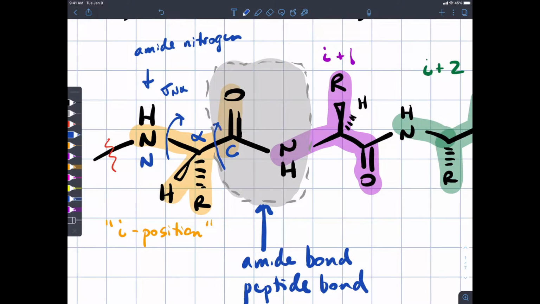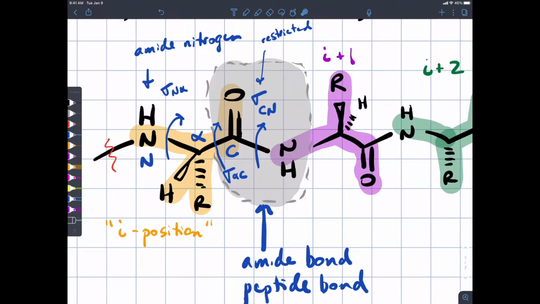You can rotate around the sigma bond between the alpha carbon and the carbonyl carbon. And then you can rotate around the bond between the carbonyl carbon and the next nitrogen. And as we've said, we expect there to be restricted rotation around that bond because of the resonance issue that we talked about. But we expect freer rotation around these two sigma bonds.